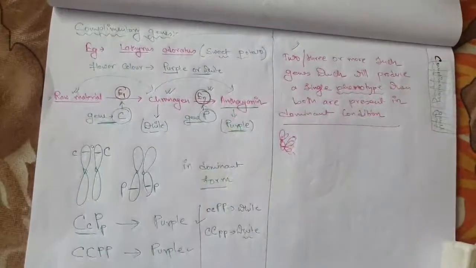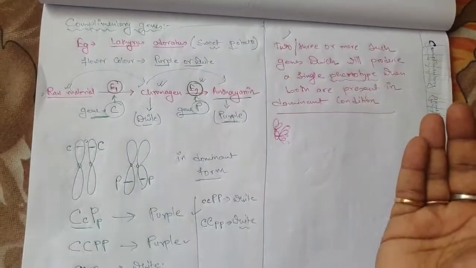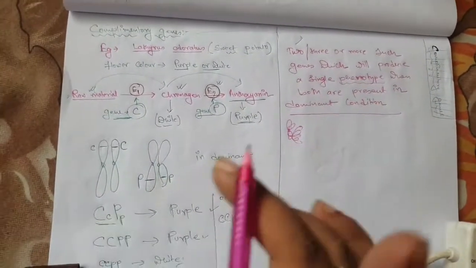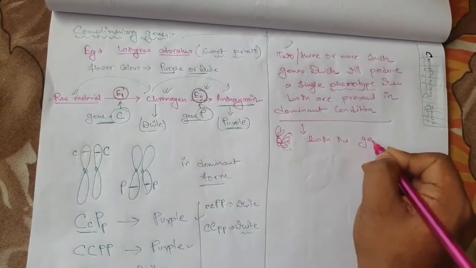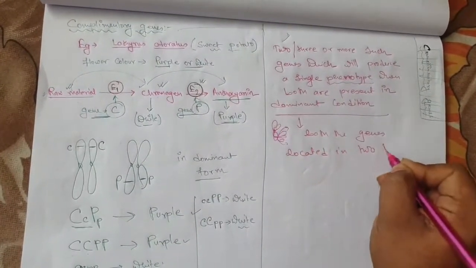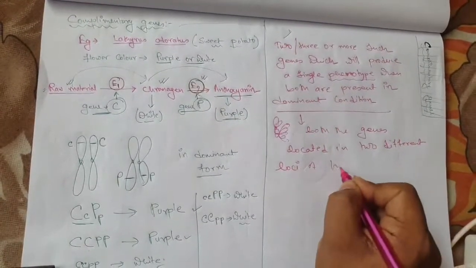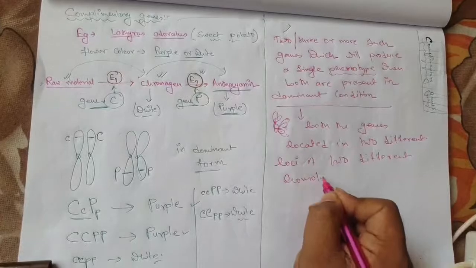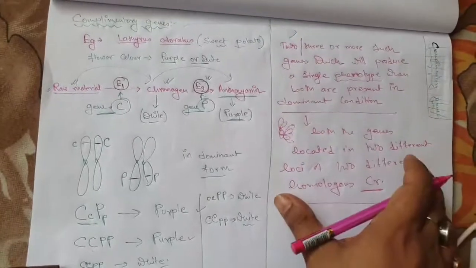Here, it is just the opposite of pleiotropy, where a single phenotype is controlled by two or more genes located in two different loci of two different homologous chromosomes. Okay, so let us try to understand the definition and whatever I have said here.